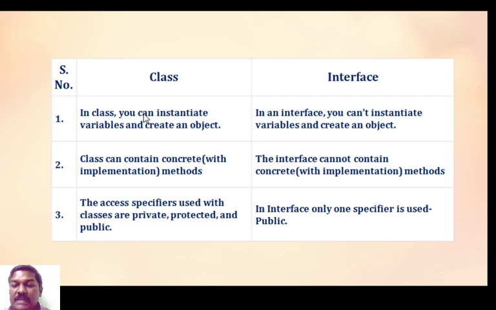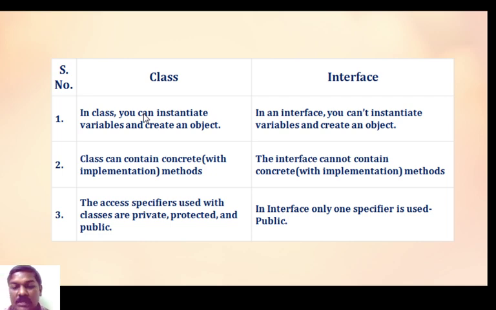An interface can be implemented in some other interface or in some other class. So it is not possible to create an object for an interface. This is the first difference between class and interface.